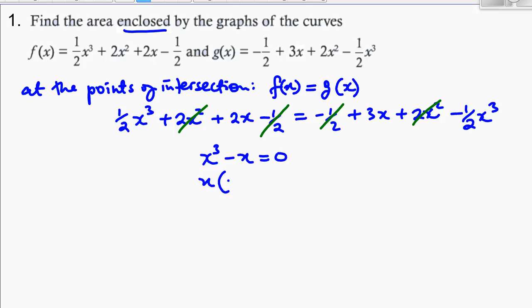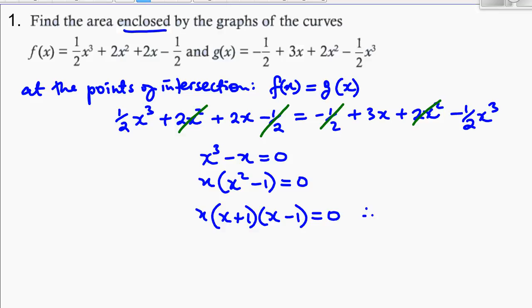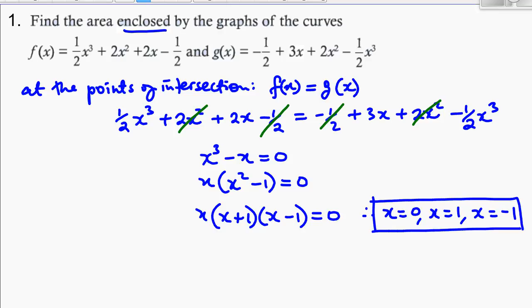So x times x squared minus 1 equals 0, or x times x plus 1 times x minus 1 equals 0. So we are saying that we have 3 points of intersection at x equals 0, x equals 1, and x equals negative 1. We'll use this to sketch later on.